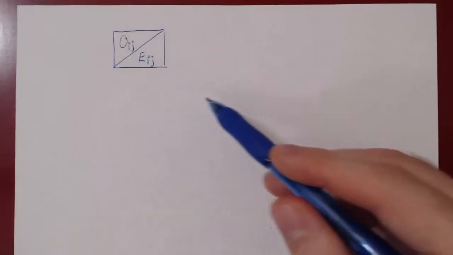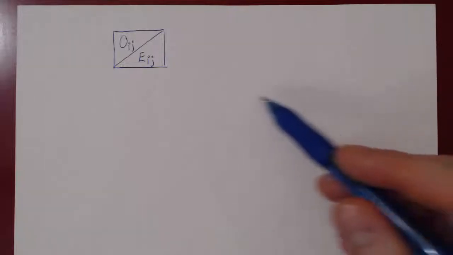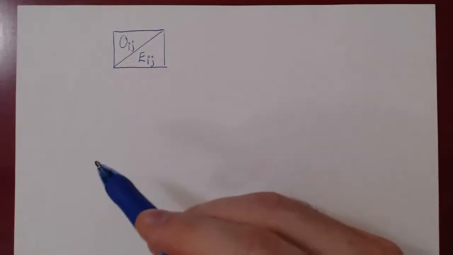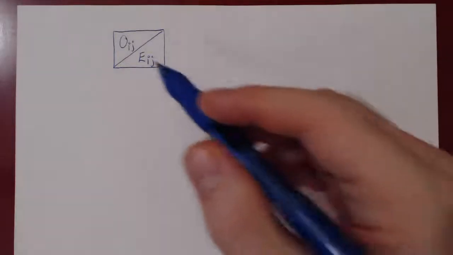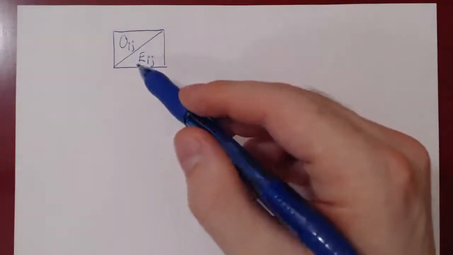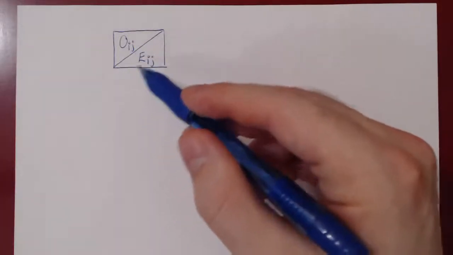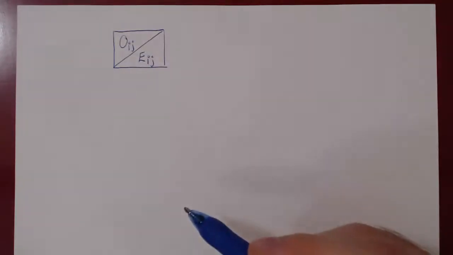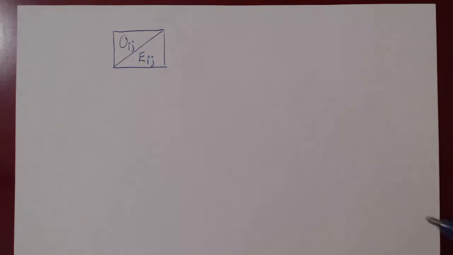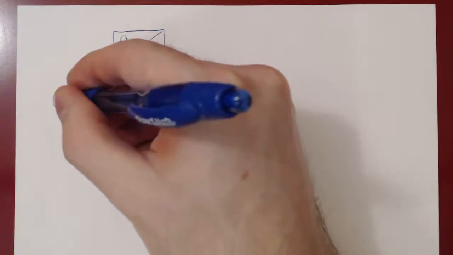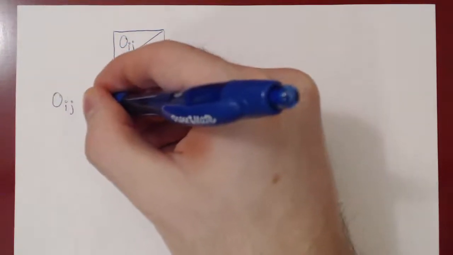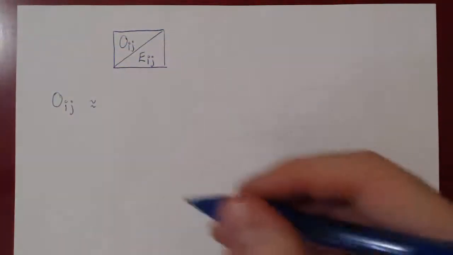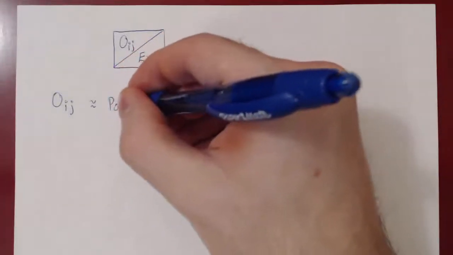Imagine that you are sampling people over a fixed amount of time, and every time you observe one person in this cell, you add +1. In the end, you get the total number of people that end up in this cell, the total number of observations of a given occurrence over time. And so we see that OIJ follows approximately, this is again a heuristic argument, a Poisson distribution.